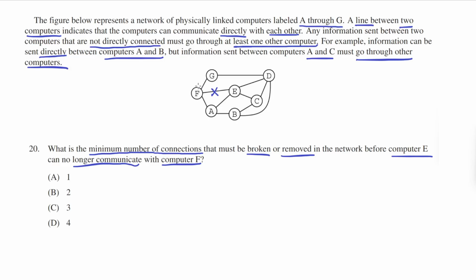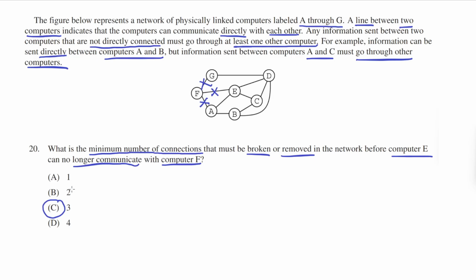We know that if F can communicate with G, then that means G can communicate with D and D can communicate with E, allowing F to send information indirectly to E. So what we can do is cut off its communication with G. And then we can also cut off its communication with A, because A can also be used to connect to E. So if we do this, we see that after cutting off these three connections, F in no way possible can communicate with E. And if we look at this, we cut it 3 times.